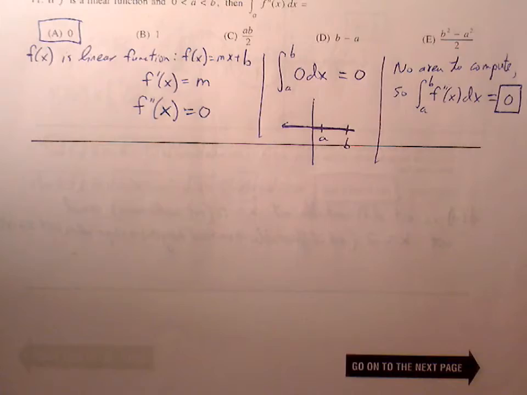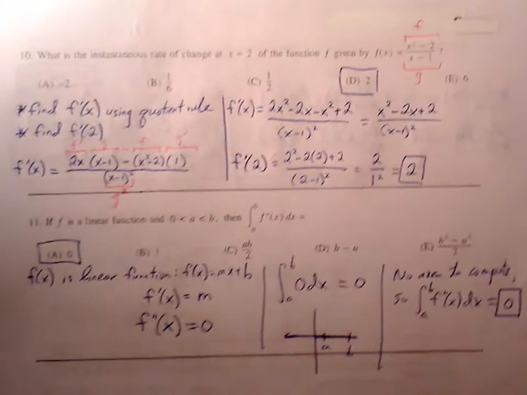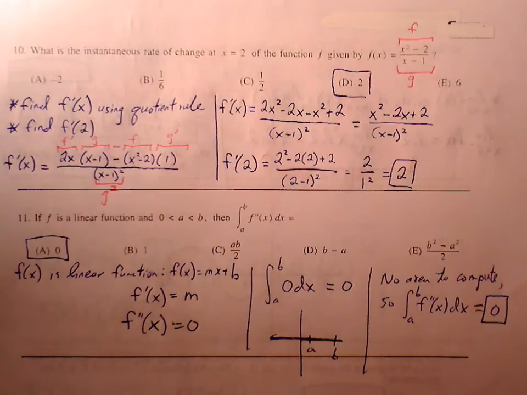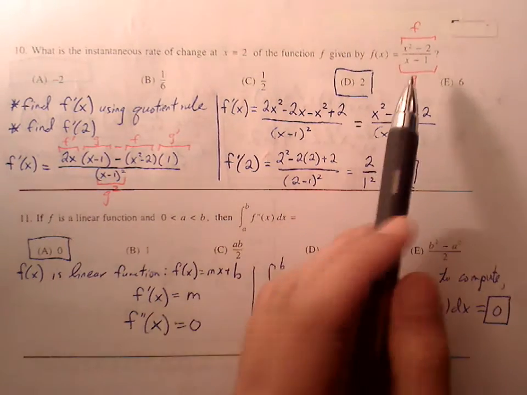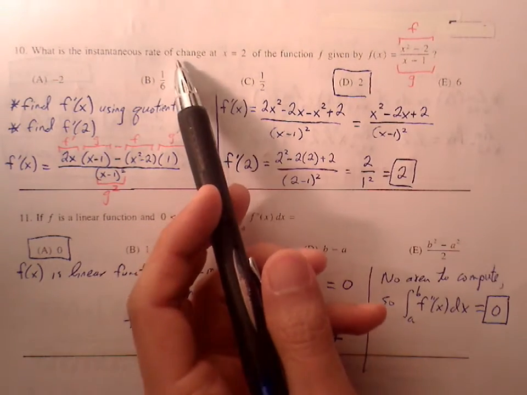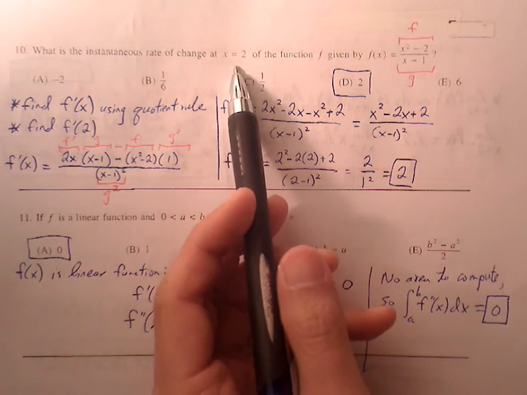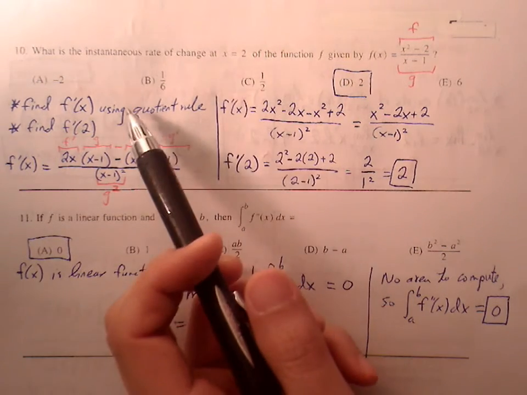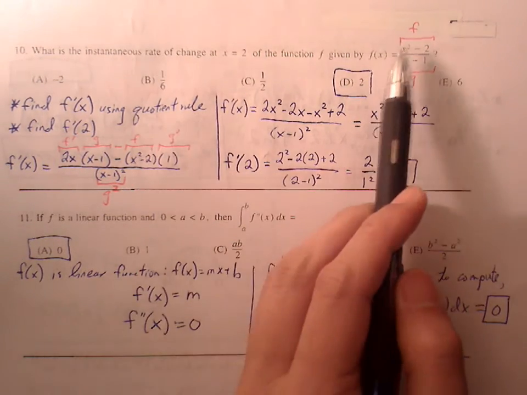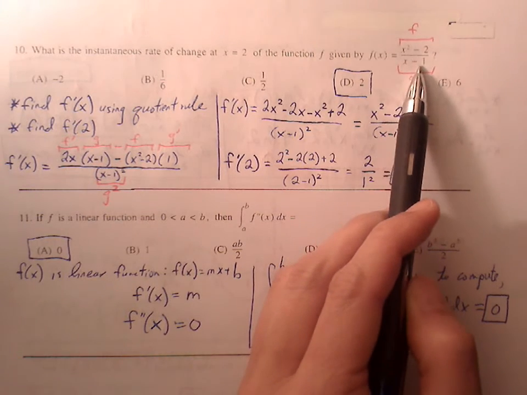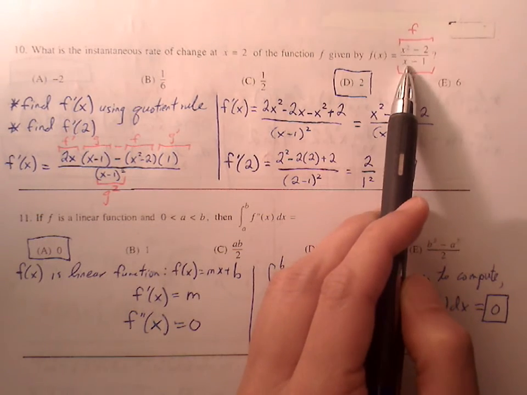Okay. All right, number 10. What is the instantaneous rate of change at x equals 2 for our function? So instantaneous rate of change just means that we want to find the derivative at 2. So 2 steps. Let's first find f prime. And to find f prime, notice that we have terms that are organized as numerator over denominator.